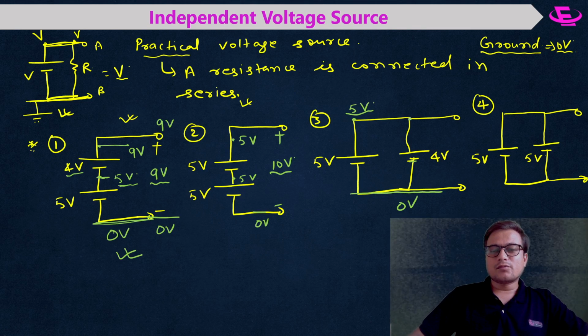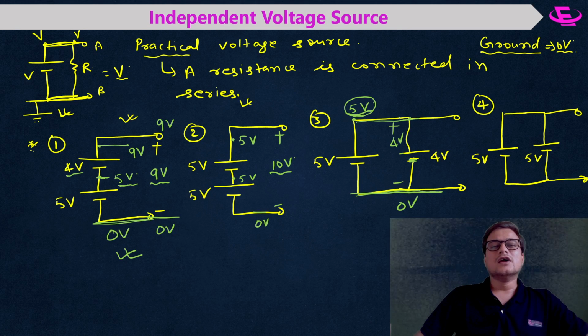Now what happens if you come to this point, you have another battery. This is also an ideal battery. It will say that right now you are trying to maintain a voltage of 5 volt, but I will try to maintain a voltage of 4 volt. Here you can see the terminals are common, upper terminals and lower terminals. If you are dealing with two persons, both ideal, it is impossible for you to take any decision if their opinions are different.